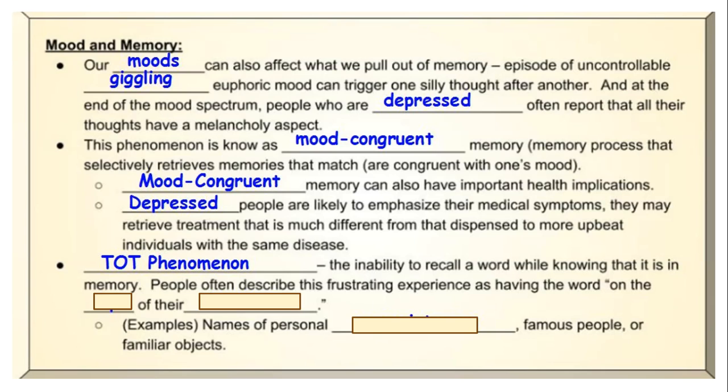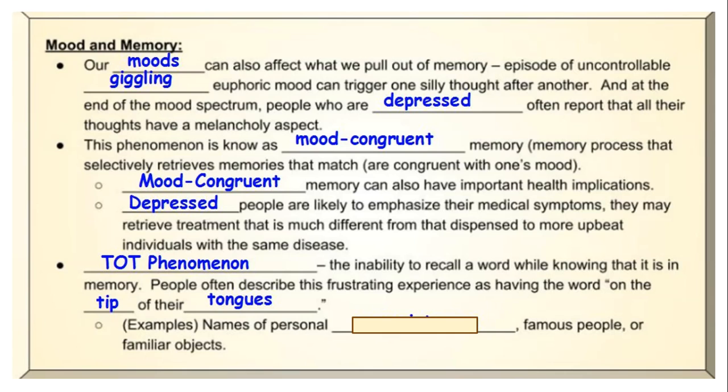There's also what we call the tip of the tongue or the TOT phenomenon. This is the inability to recall a word while knowing that it is right there in your memory. People often describe this as a frustrating experience because the word is, for the most part, on the tip of their tongues. You know it, but you just can't pull it out of your memory.